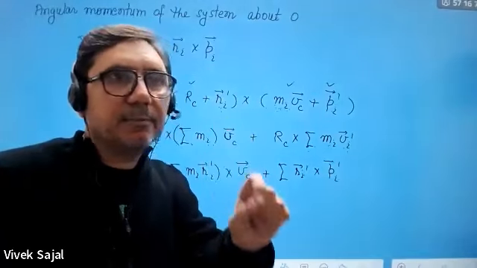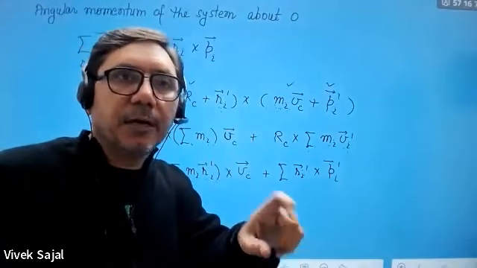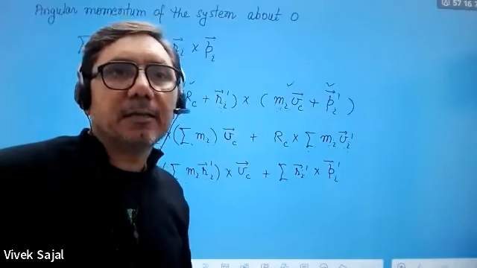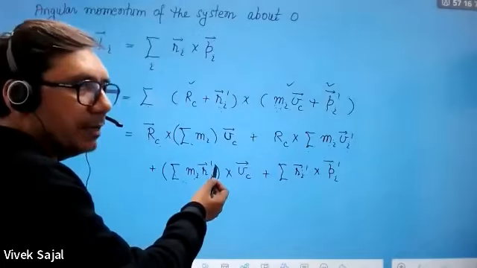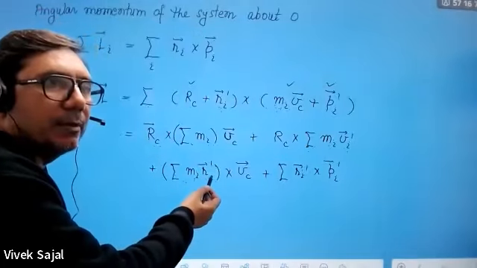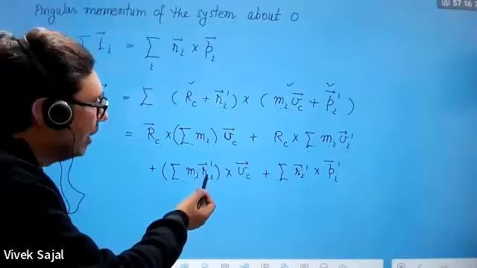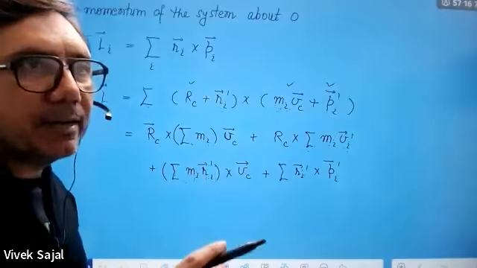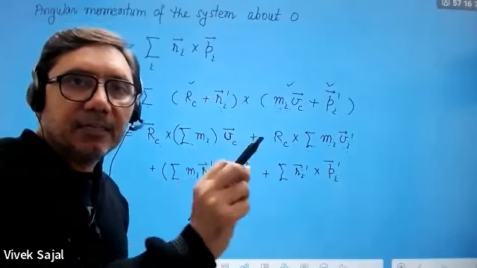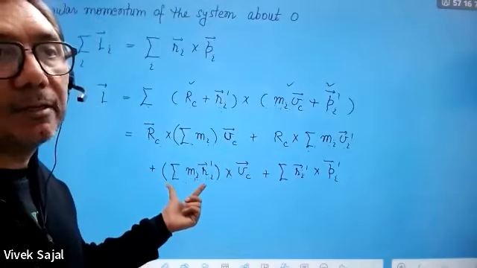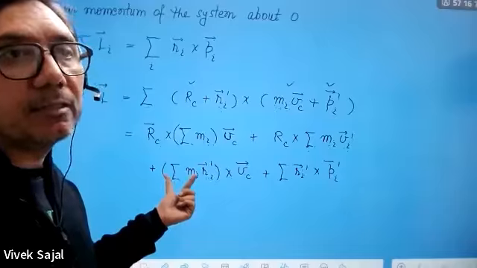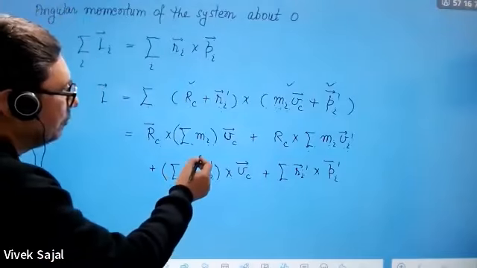Center of mass is that point about which the mass moment of all the particles is zero. And Mi Ri prime, where Ri prime is the position vector of the particles with respect to the center of mass, is the mass moment of all the particles about the center of mass. So this will be zero.